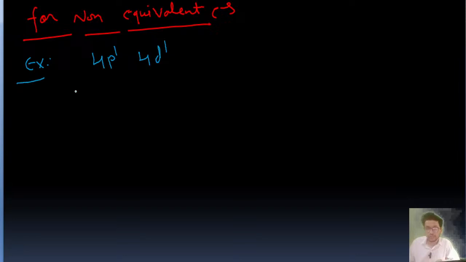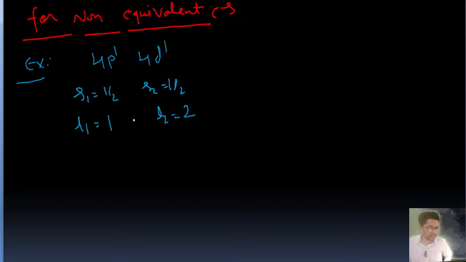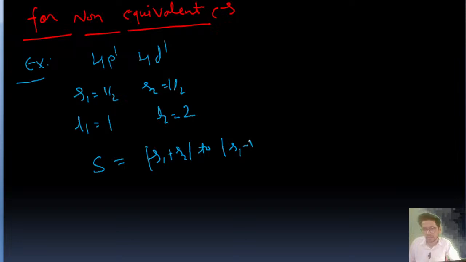So S1 equal to half and S2 equal to half, these are the electrons. And L1 equal to 1, since p means 1, and L2 equal to 2, since d means 2. Now we'll find S, which is going to be mod of S1 plus S2 to mod of S1 minus S2.